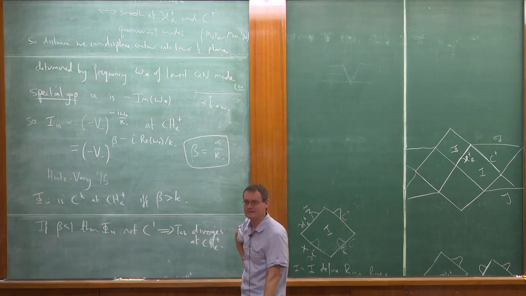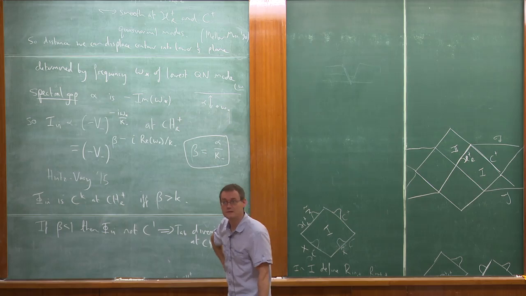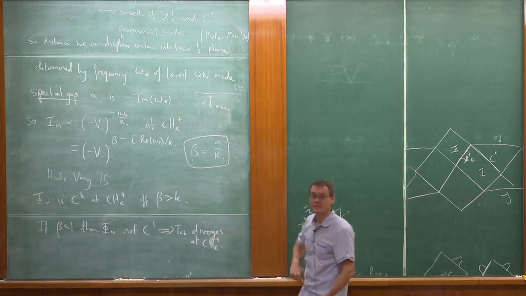If you are at the verge of superradiant instability, the lowest quasi-normal mode has 0 real part. So wouldn't that just be beta equals 0? Suppose we approach the threshold. Yeah, I guess it would be going to 0, because it's determined by the real part of the quasi-normal mode.